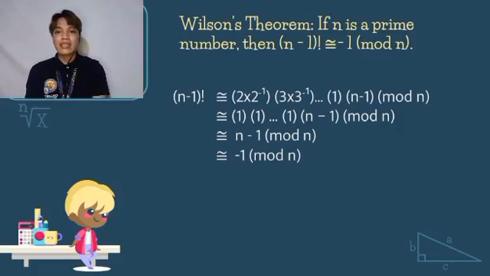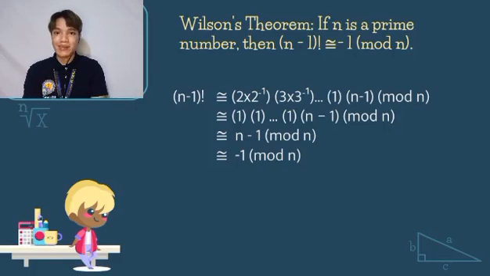And it is congruent to 2 multiplied by its inverse is 1, 3 multiplied by its inverse is also 1, and multiplied also by 1 multiplied by n-1 mod n, and it is congruent to n-1 mod n, and (n-1)! is congruent to -1 mod n.